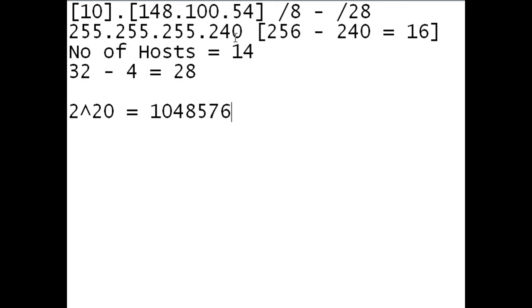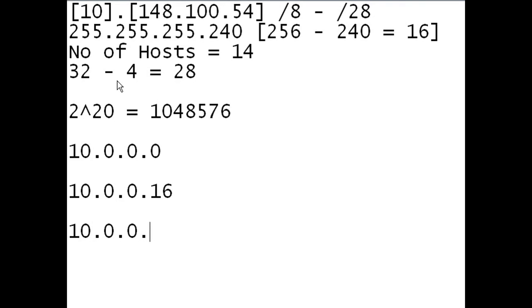So how do the subnetworks look? Let's take 10.0.0.0, this is the first subnetwork, then 10.0.0.16, then 10.0.0.32, like that. It will be 16 into 0, 16 into 1, 16 into 2, till 16 into 1048575. Actually it's not exactly like that.